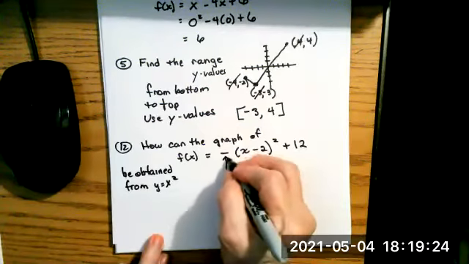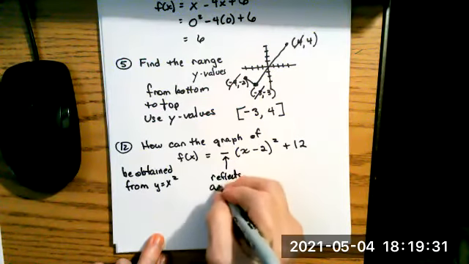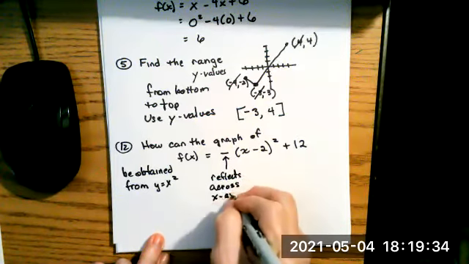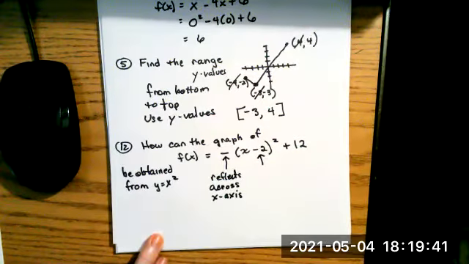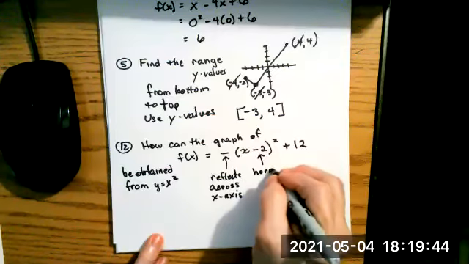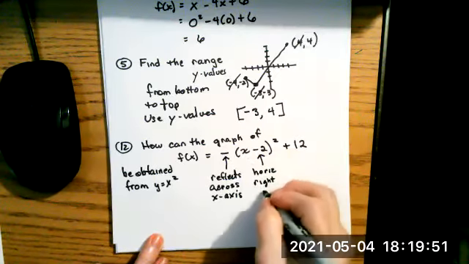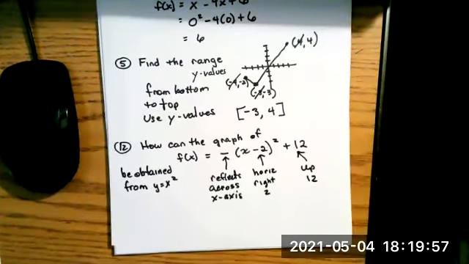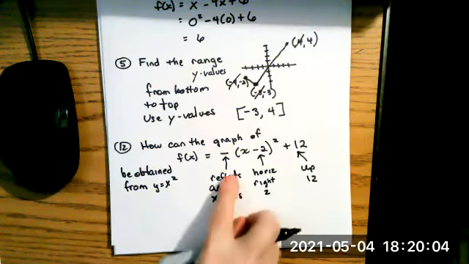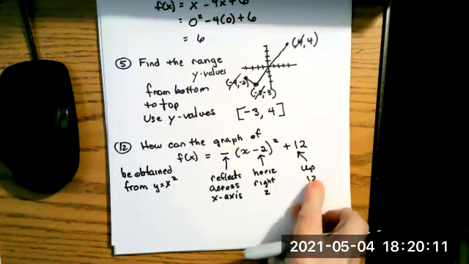So this negative on the outside of that parentheses reflects across the x-axis. Okay, this 2 inside the parentheses is opposite of what you think, a horizontal shift, so it's right 2. This one is outside, so it's up 12. So that's what you're looking for. The notes say reflects across the x-axis, horizontal shift to the right 2, up shift 12.